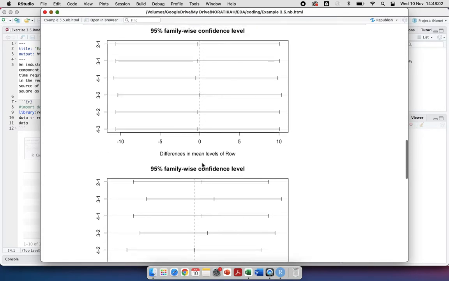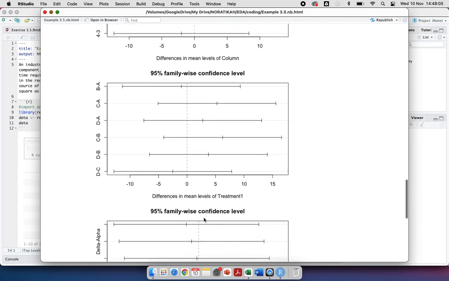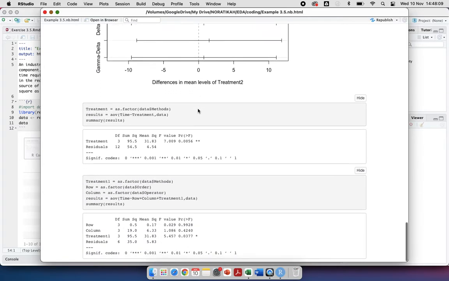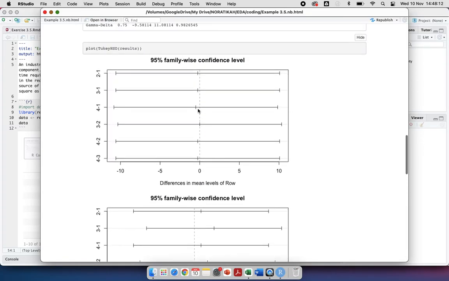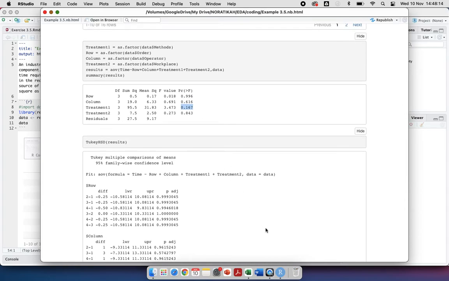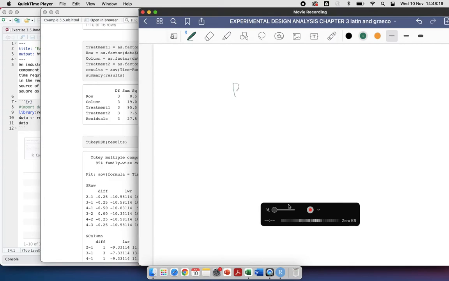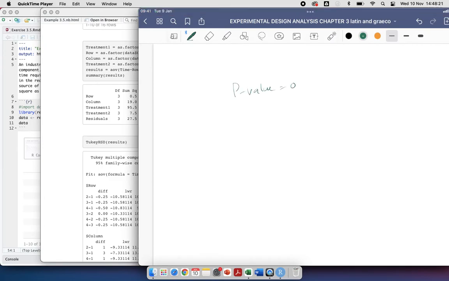If we do the Tukey test and look at the treatments A, B, C, D, they all cross zero, so none is significant. The p-value is 0.167. Since the p-value of 0.167 is greater than alpha 0.05, we do not reject H null.